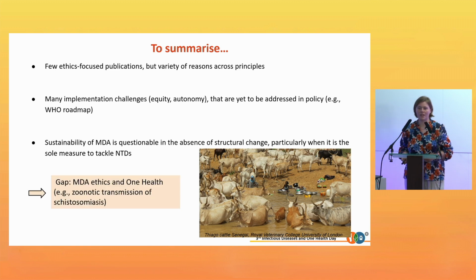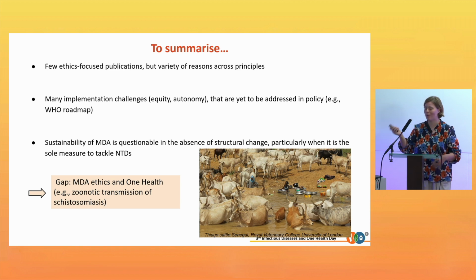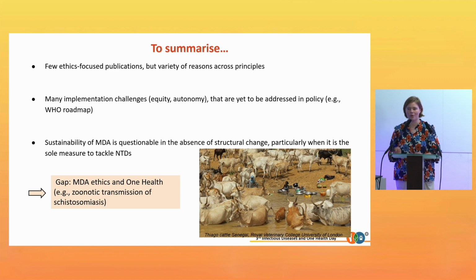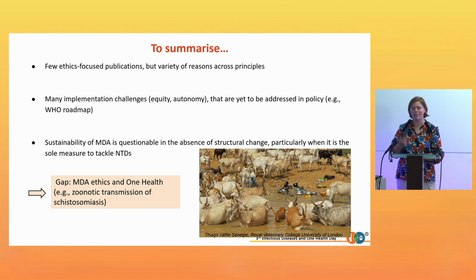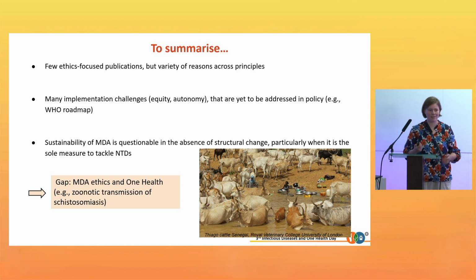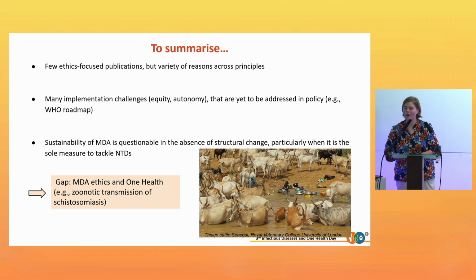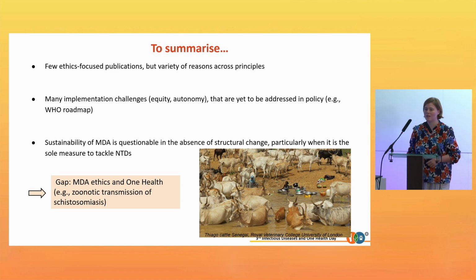And what I found interesting here is that there is indeed a gap in the One Health considerations around MDA, because a lot of those diseases have zoonotic transmission, for example, schistosomiasis, and animal ethics is not addressed, and people usually depend on those animals for their livelihoods. So there is a lot of ethical work that could be done in that area.